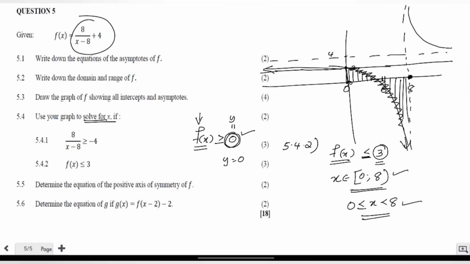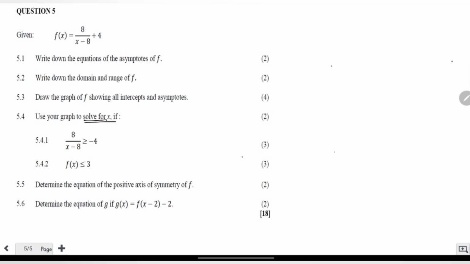Okay, now we can go to 5.5. All right, question number 5.5. You have to find the positive axis of symmetry. Remember, I told you in the beginning, the hyperbola has two axes of symmetry. One is with the positive gradient, the other one is with the negative gradient.